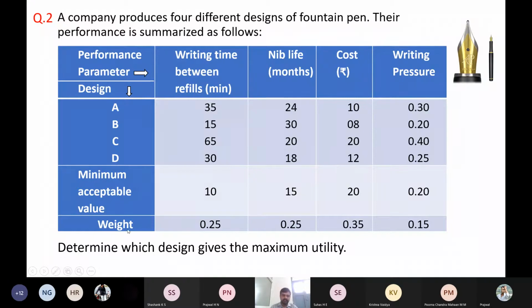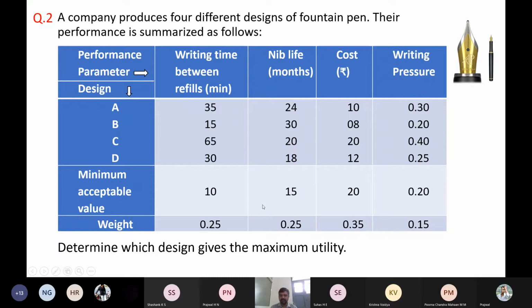Next, weightage is assigned for each parameter. Weightage for writing time between refills is 0.25, for nib life is 0.25, cost is 0.35, and writing pressure is 0.1. The sum should be equal to 1.